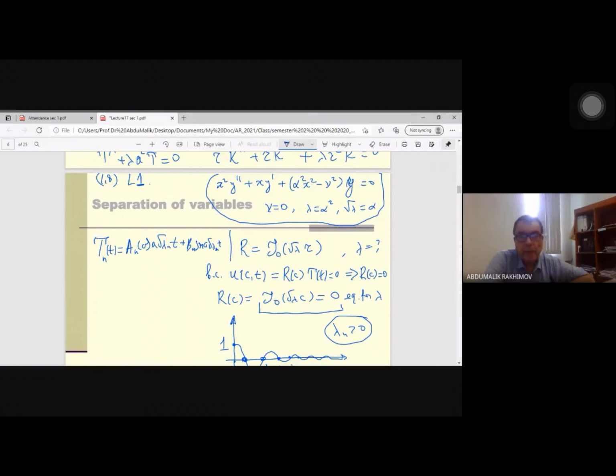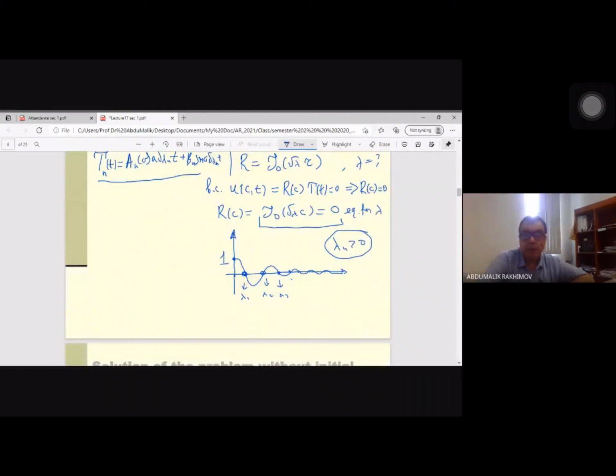We can write this only when we identify lambda. If lambda could be 0, then this would be a linear function, not a combination of cosine and sine. But we see from this graph that lambda 1 is already positive, so all lambda are positive.